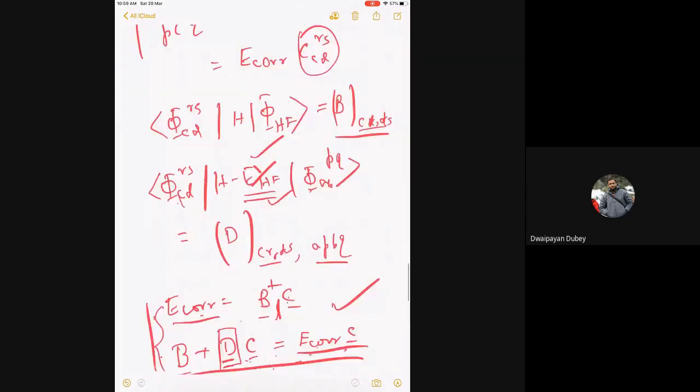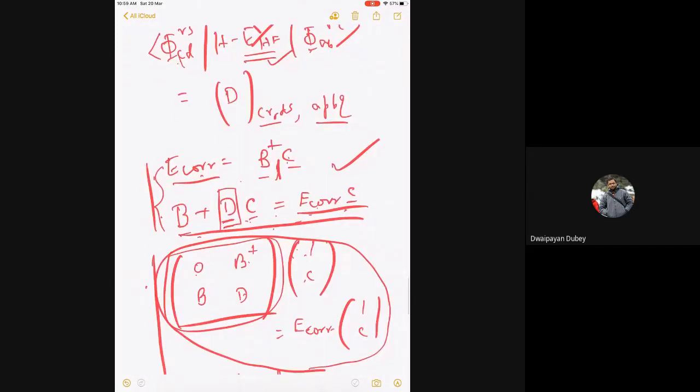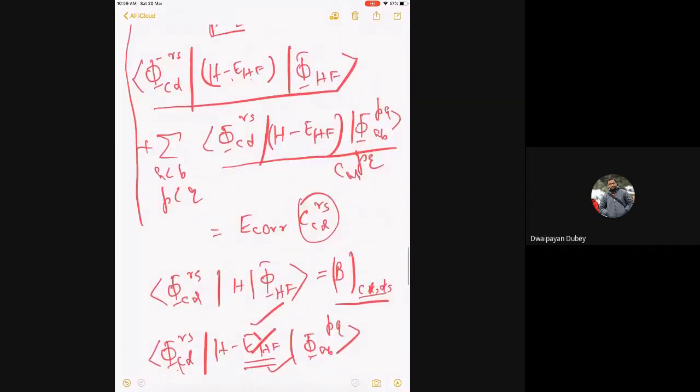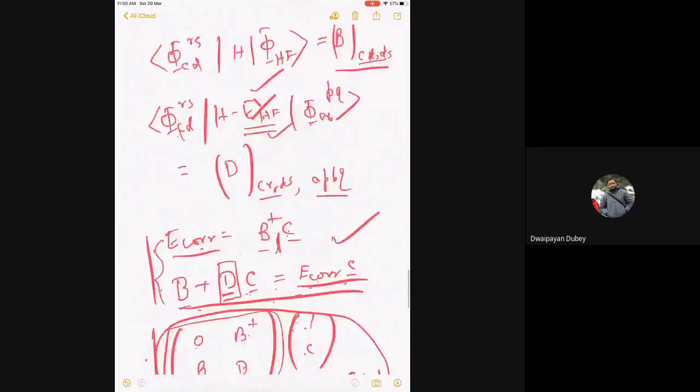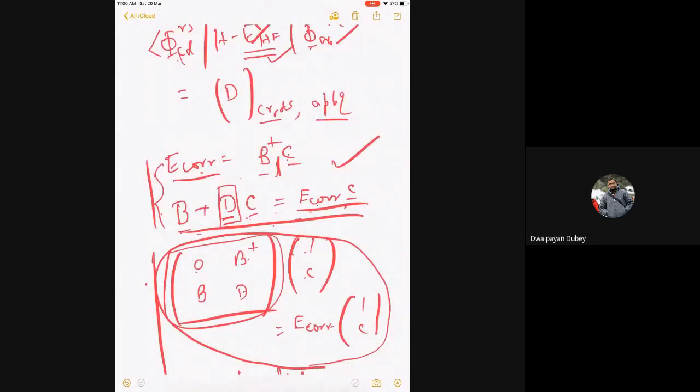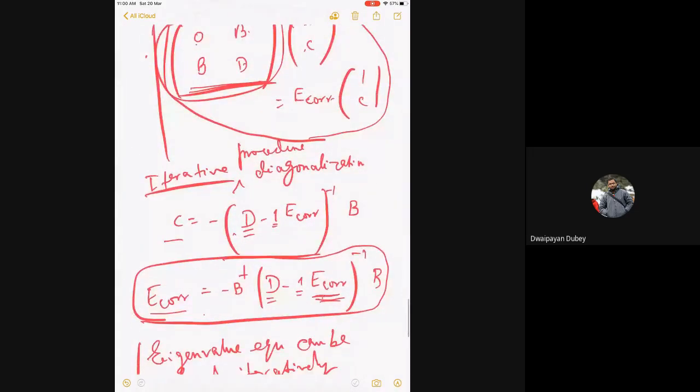So I first did a projection method, and I got this equation by defining the column B, column C, and a square matrix D. And then I showed you that indeed it is an eigenvalue equation. But then I said, instead of solving the eigenvalues of this matrix, I prefer to solve it in an iterative manner. So I wrote C here, substituted here, and I got E correlation in terms of E correlation.